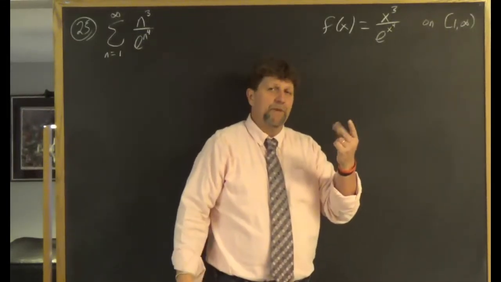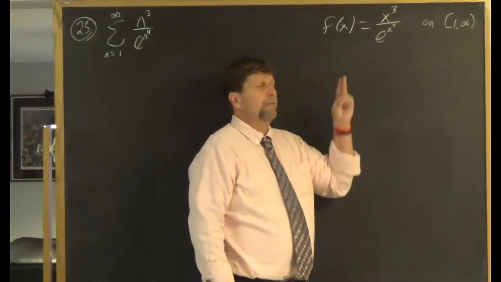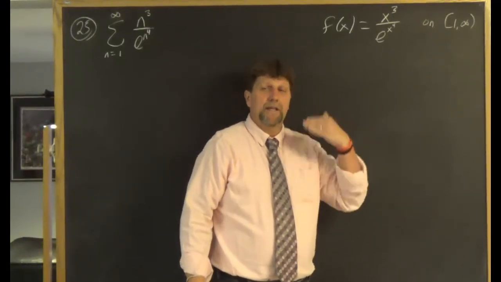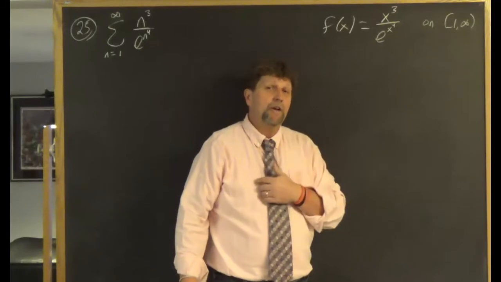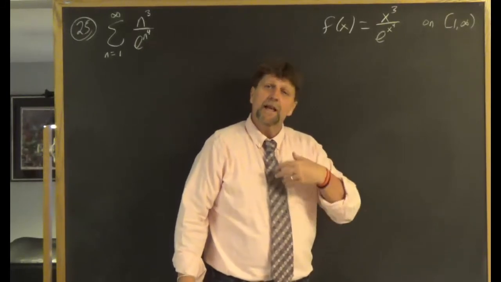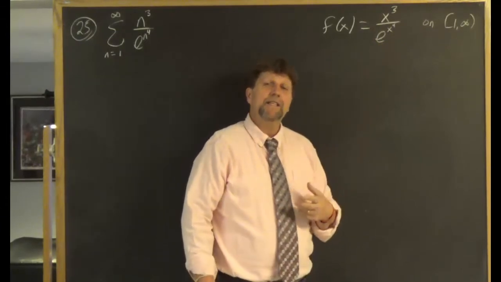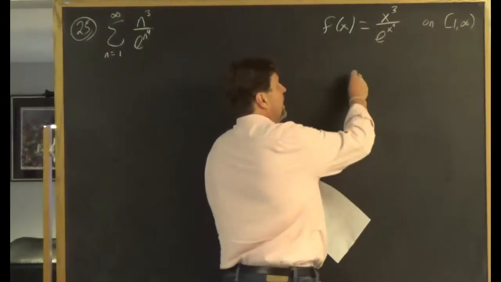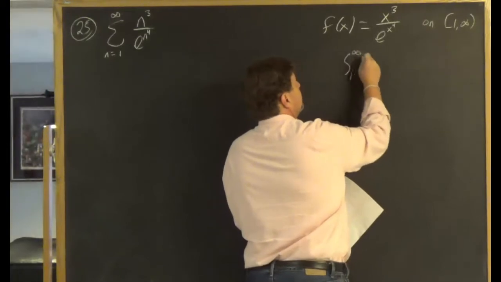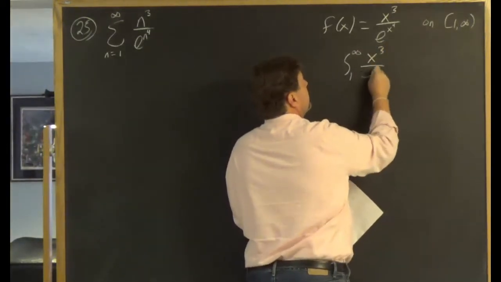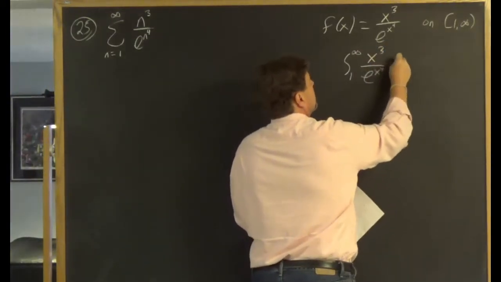It's positive. It's continuous. And computing the derivative would tell me that it's decreasing, which means I could crank it through the integral test. I was thinking the integral test because I think this is something that's easy to integrate. I think, let me write it down.